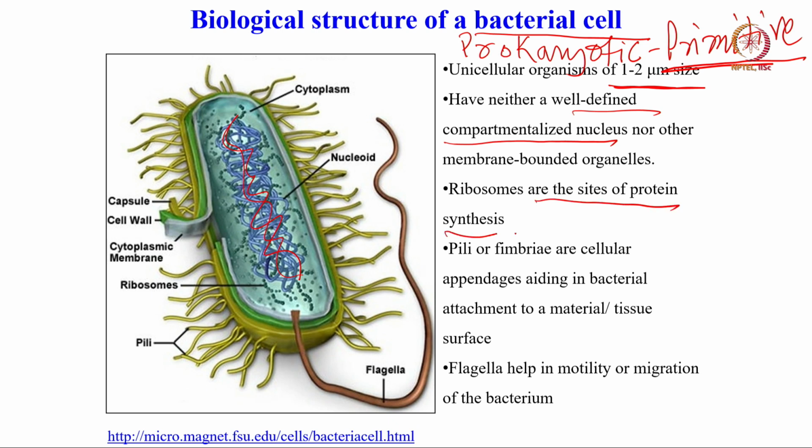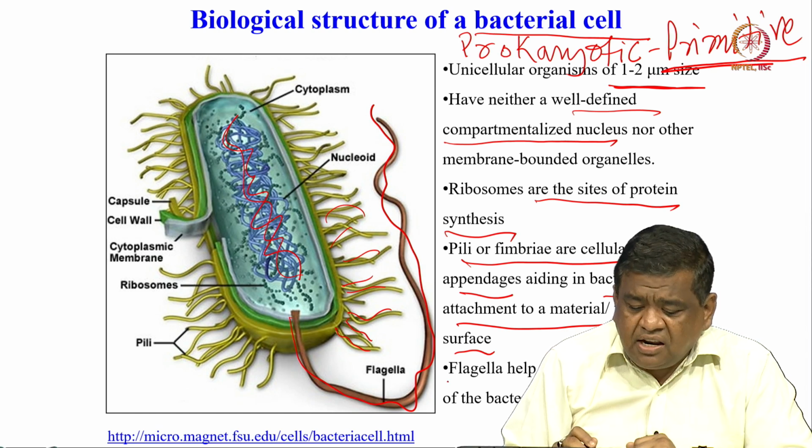Ribosomes are the sites of protein synthesis that I have mentioned earlier. Now, you can see these are like pili. These are small hair like structures, pili or fimbriae, or cellular appendages for the bacterial attachment to the material or tissue surface, and the flagella are like a monkey's tail.